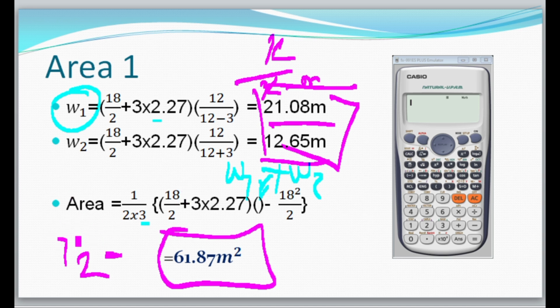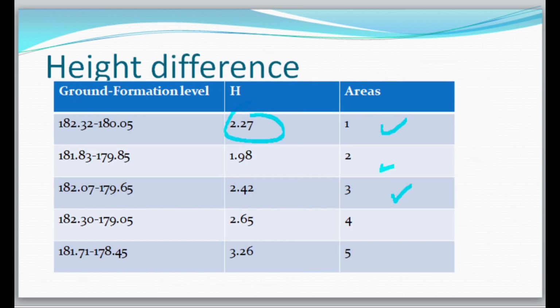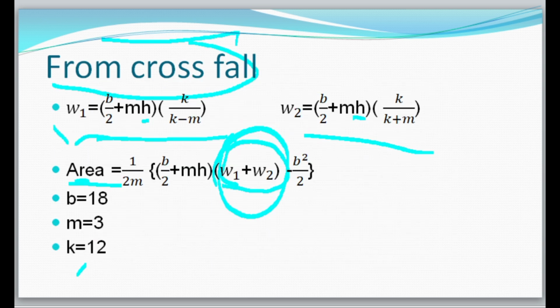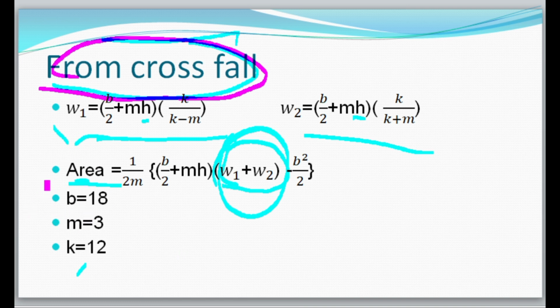So this is the first area. We do it for the second area. By the use of this height, you do it again for the third area, the fourth area and the fifth area by the use of the formula from crossfall. So by the use of this crossfall formula, you do area 1, area 2, area 3, area 4 and area 5.